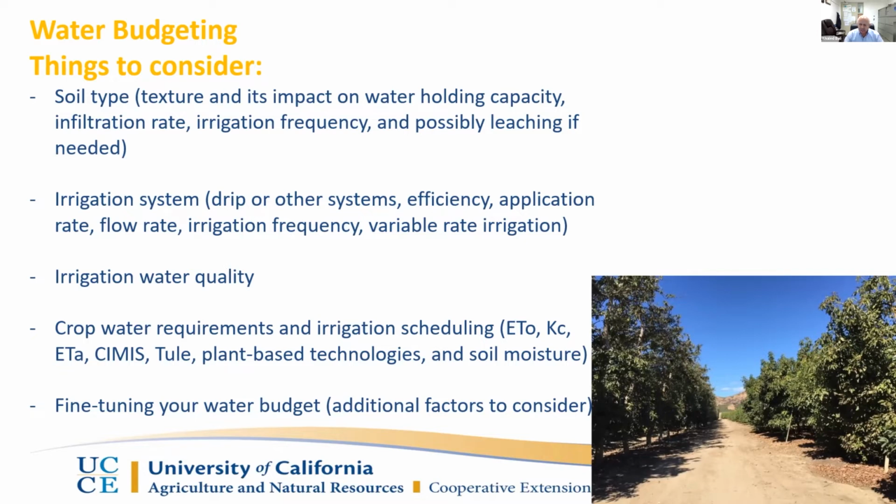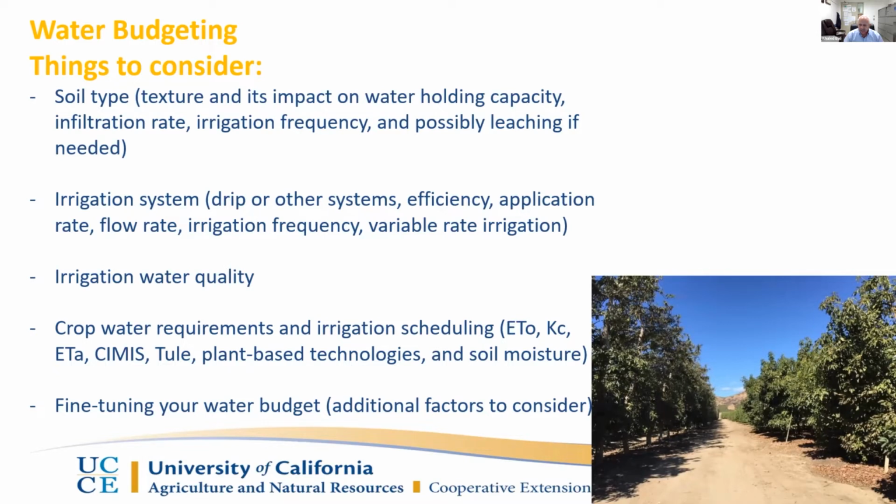Because it has an impact on how much water the soil can hold and make available to the tree or the crop. That will also impact the irrigation frequency. If we have a lighter soil and it doesn't have a good water holding capacity, we have to irrigate more frequently in order to make sure that we don't just lose the water below the root zone.